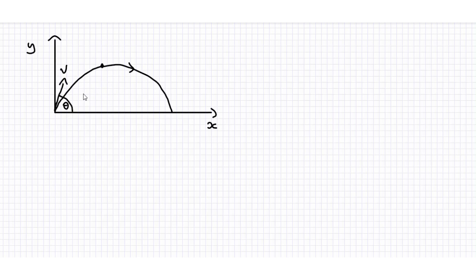What's so useful about projectile motion, and this is where the parametric curves come in, is that the movement up and down in the y direction decouples from the movement in the x direction.